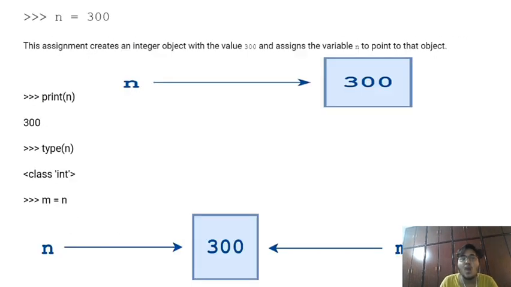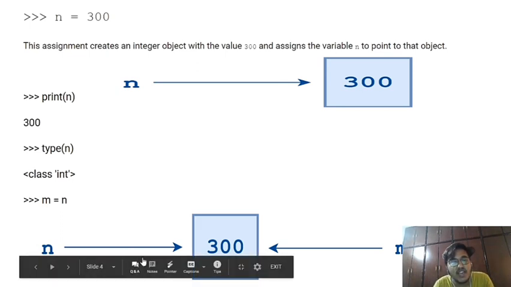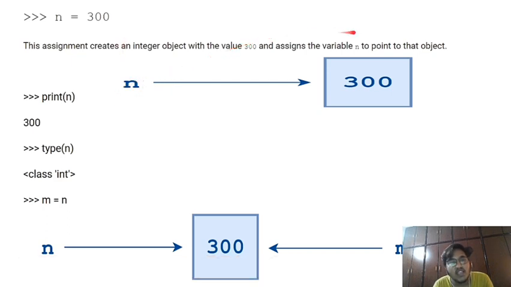Now let me move on to what happens when you declare a variable. See here guys, if n is equal to 300, an integer object is created with value 300 and n is assigned to that object.